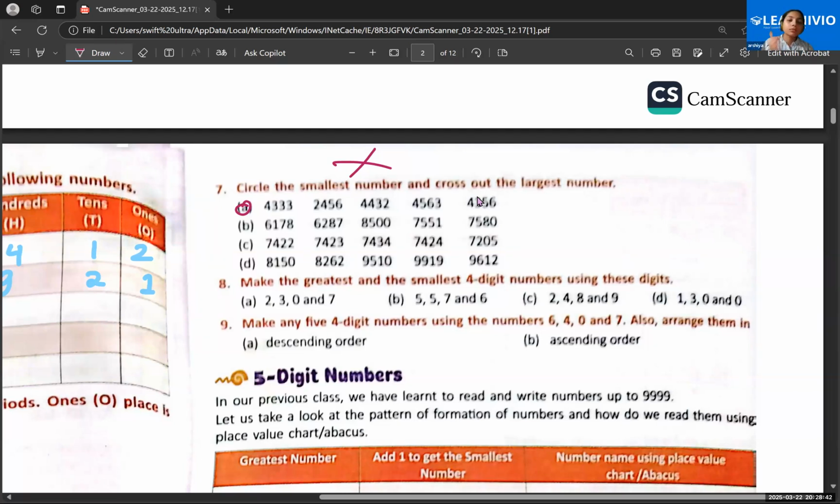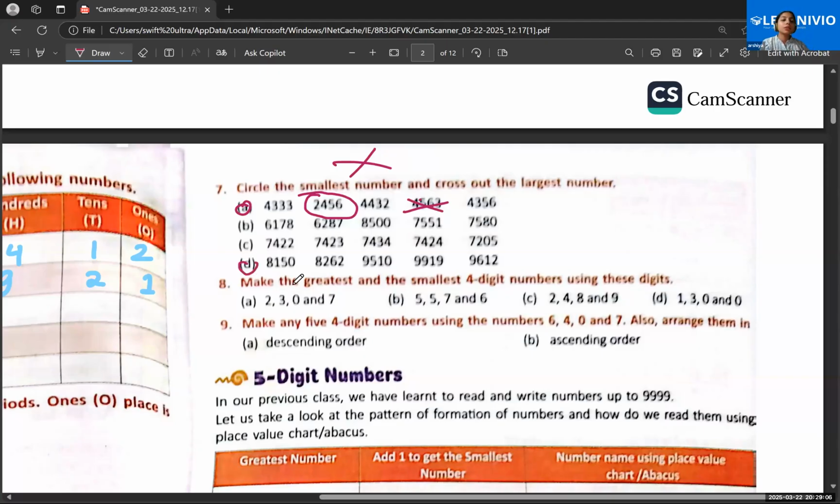The smallest one is 2,456. So I'll circle that. Now let's look for the largest. 4,563. So I'll cross that out.